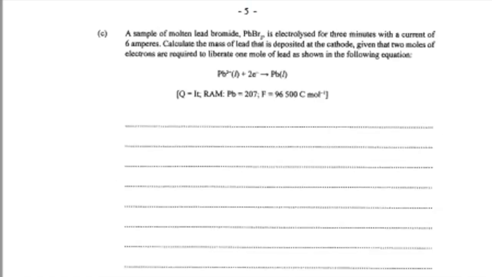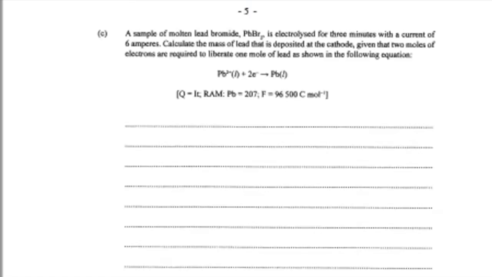So part C, for 5 marks to make this 15: a sample of molten lead bromide, that's PbBr2, is electrolyzed for 3 minutes with a current of 6 amperes. Calculate the mass of lead that is deposited at the cathode, given that 2 moles of electrons are required to liberate 1 mole of lead, as shown in the following equation.